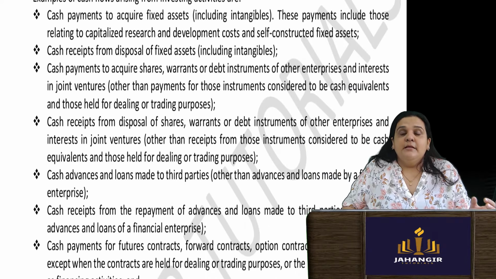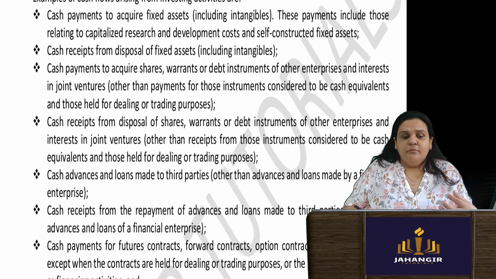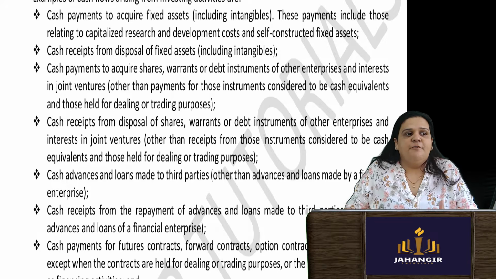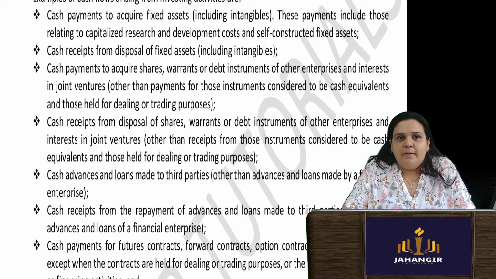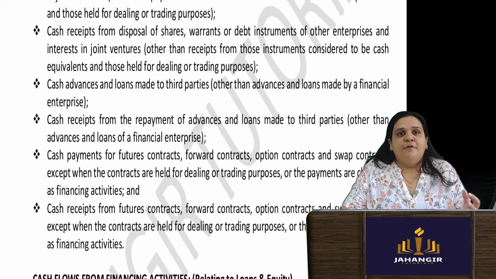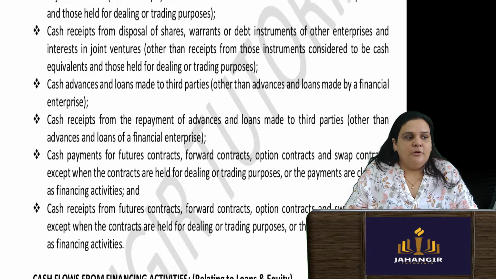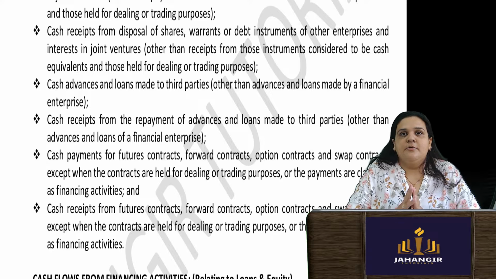You acquiring that share capital is again an investment for a company. Or cash received from disposal of your shares, warrants, you are selling those shares, again it is related to your company's investments. You are taking some kind of a loan, or you are paying off the loans, all that is related to your assets. It's related to the separate assets of the company.